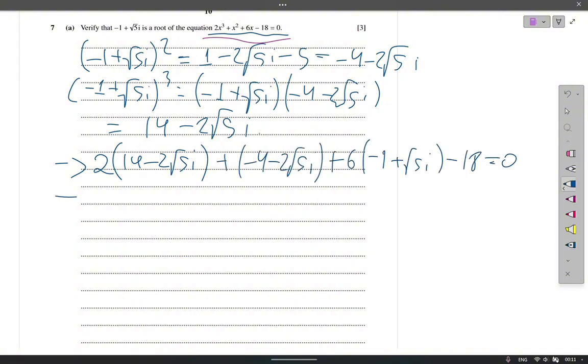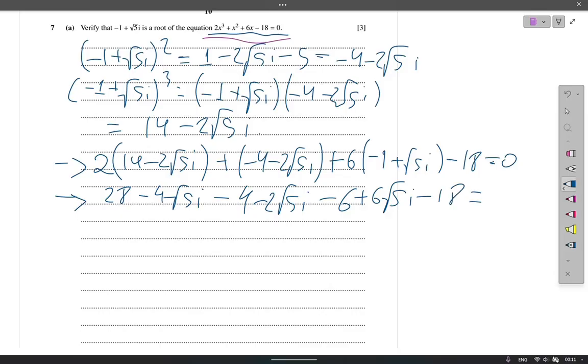5i, 48 minus 4, this one is minus 6 plus 6 squared, and this one.